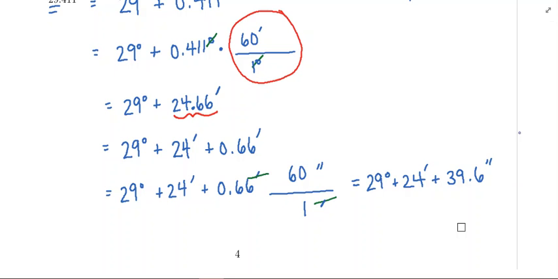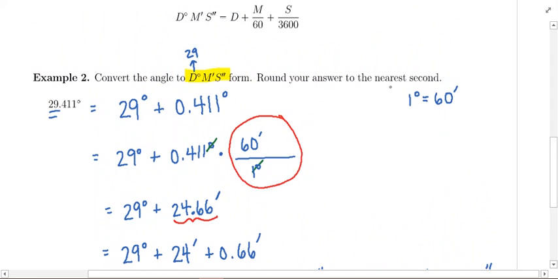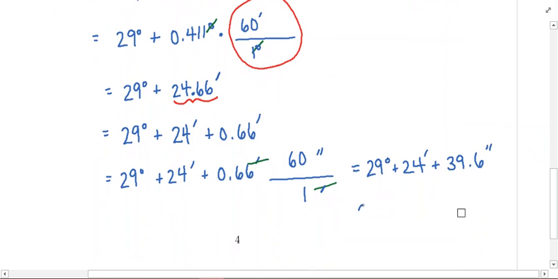If you go back to the directions, it says round your answer to the nearest second. So we're going to go ahead and do that. I'm going to put in approximately here. We're going to round the seconds, and I'm going to use the degree, minutes, seconds notation. So this is going to be approximately 29 degrees, 24 minutes, and then 39.6 will round up to 40 seconds.